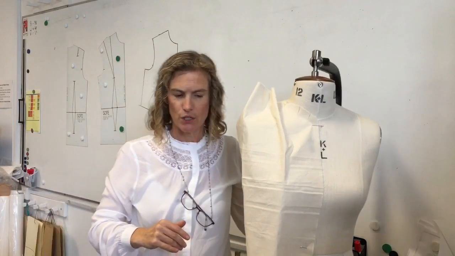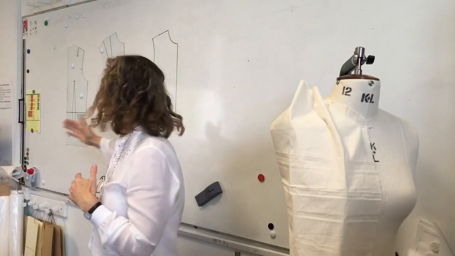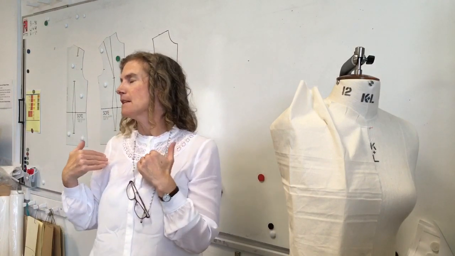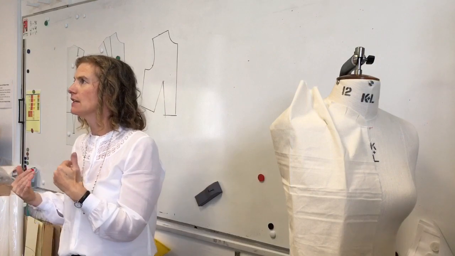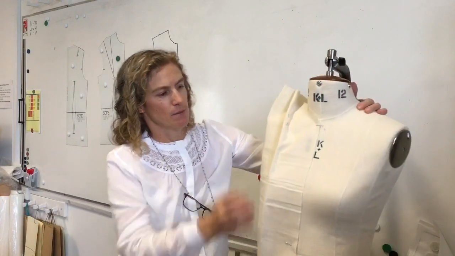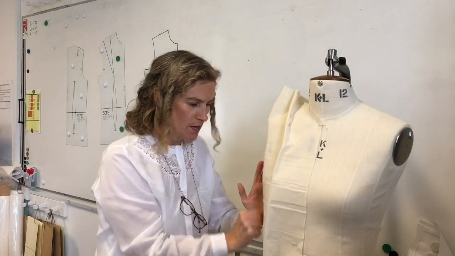But if you can understand dart manipulation in 2 dimensions, it's very quick. It's quicker. If you wanted to change your position of the dart, you could drape it and put it here and move all this fabric, getting your whole thing around it. You can do it that way.